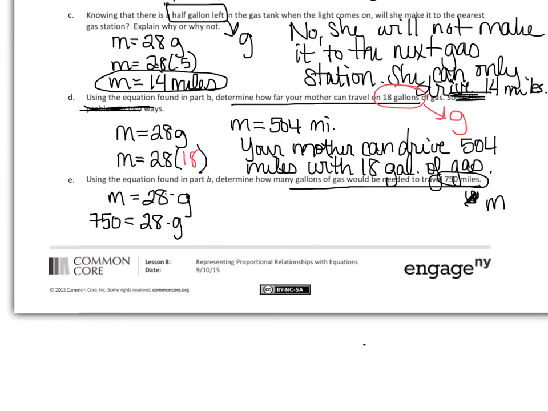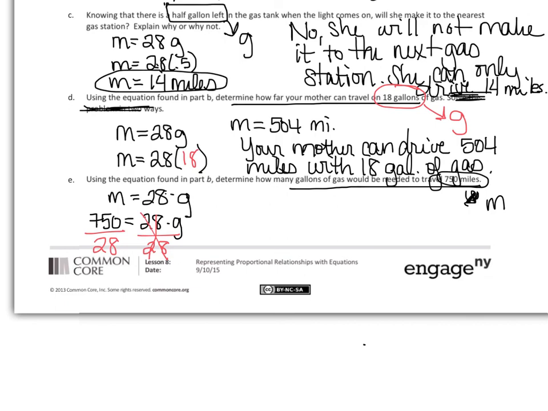Well, from your knowledge of solving one-step equations from last year, you know you're going to have to do an inverse operation to get G all by itself. So to undo multiplication, you're going to divide both sides by 28. And that vinculum, that fraction bar, actually means division. So I'm going to cancel those 28 divided by 28.